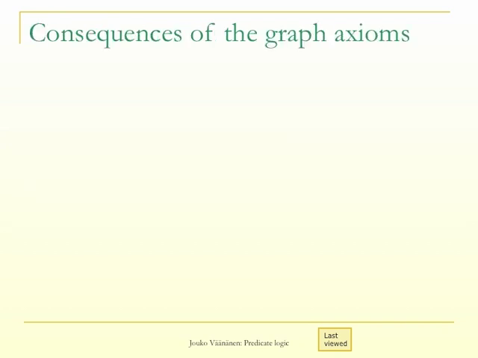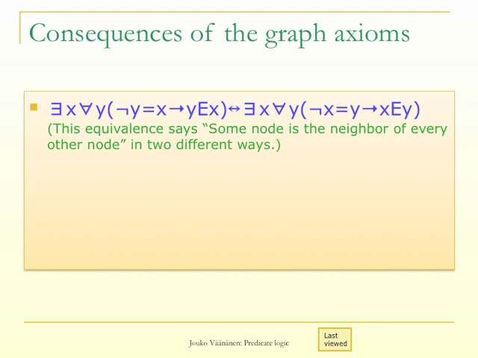Now we can draw some conclusions from the graph axioms. So these are properties that hold in every graph, but we can actually prove them by natural deduction from the graph axioms. The first says, some node is the neighbor of every other node, but in two different ways. That's why this first property is an equivalence.